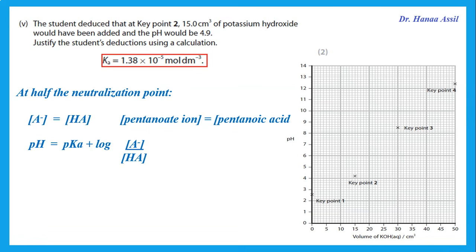Remember that here we are in a buffer region, so the pH is equal to pKa plus the log of the concentration of the pentanoate over the concentration of the acid. Log of 1 is 0, and that means the pH is equal to pKa at half the neutralization point. The pKa is minus log of the Ka, so that means that the pH would be 4.9.